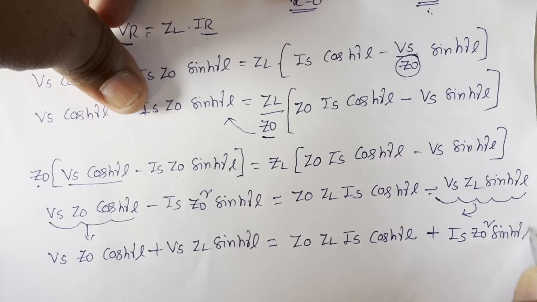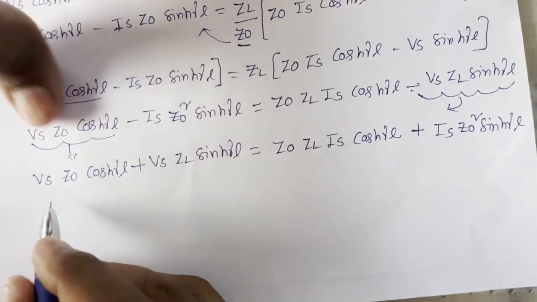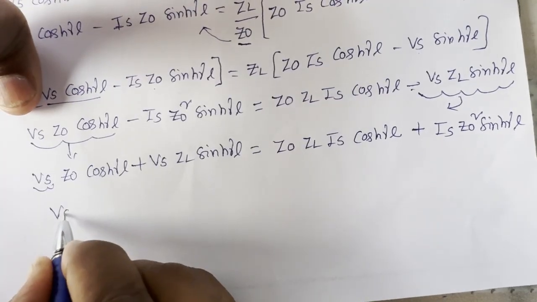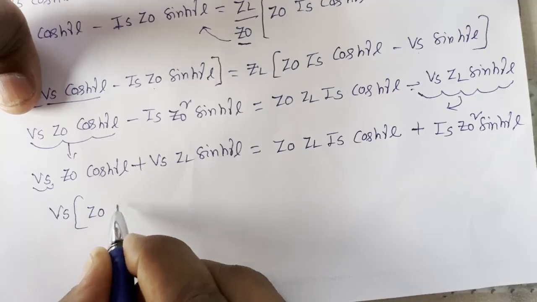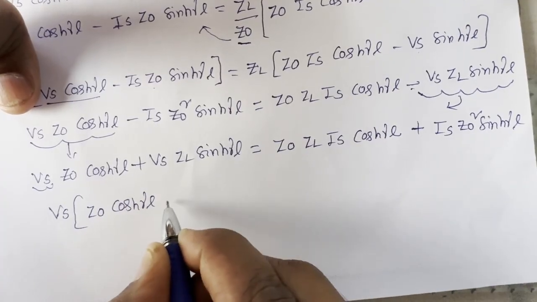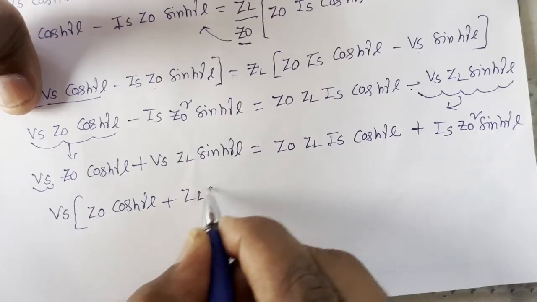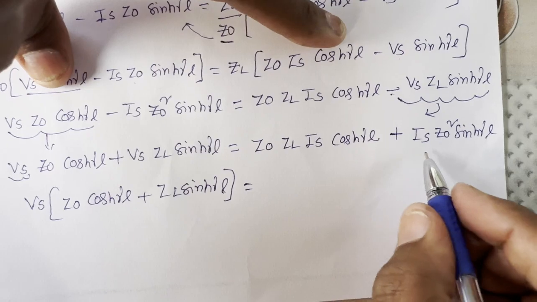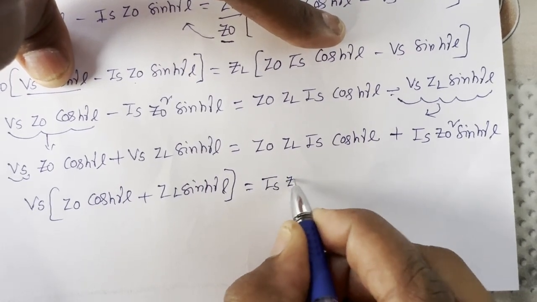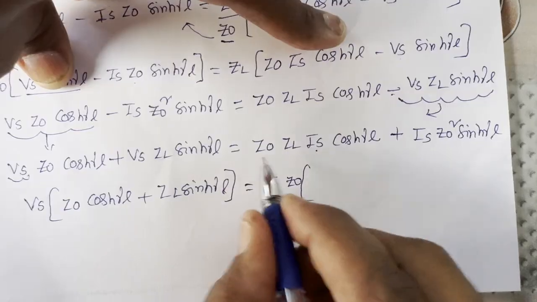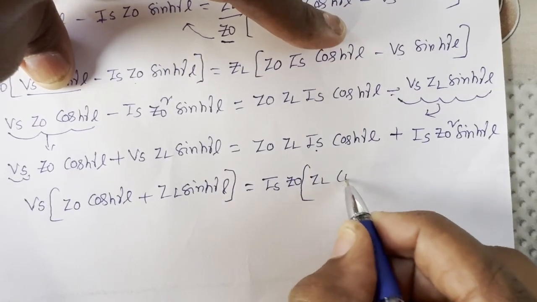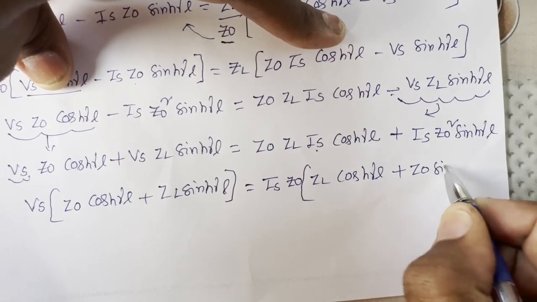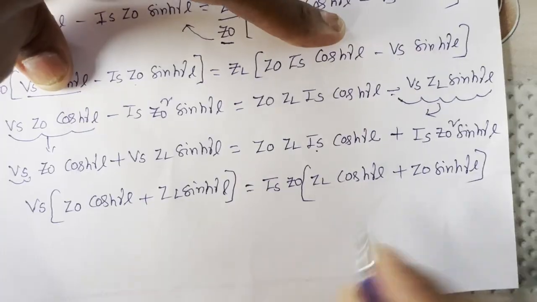Now I am taking this Vs as a common term at this side. Vs into Z naught cosh γL plus ZL sinh γL equal to, in this side I am taking Is Z naught as a common term. Is Z naught common, it will become ZL cosh γL plus Z naught sinh γL.